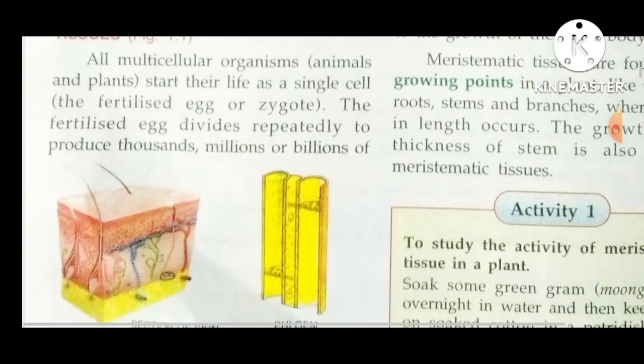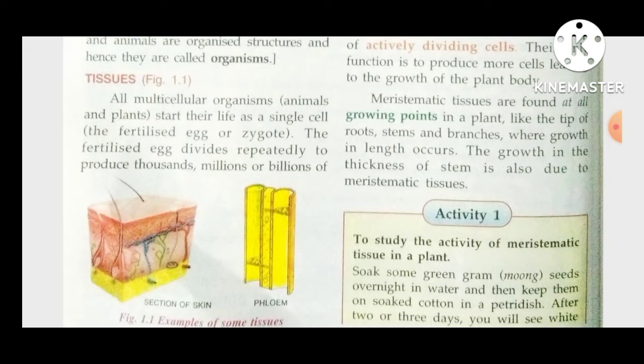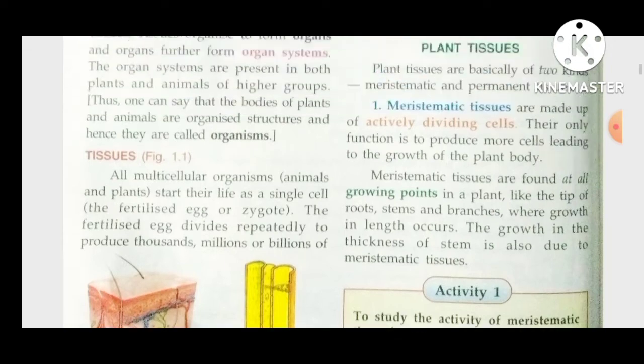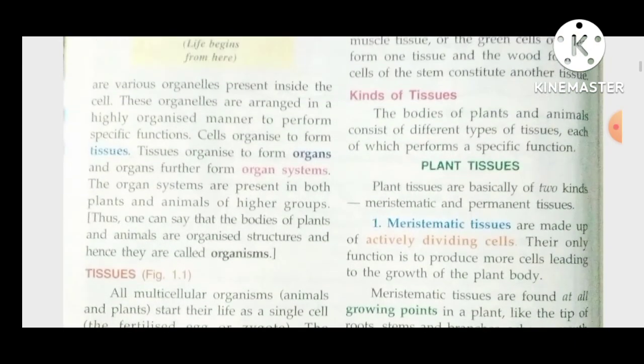Tissues: you can see here a section of skin. The upper surface is formed of tissue. All multicellular organisms, animals and plants, start their life as a single cell, the fertilized egg or zygote. The fertilized egg divides repeatedly to produce thousands, millions, billions of cells.